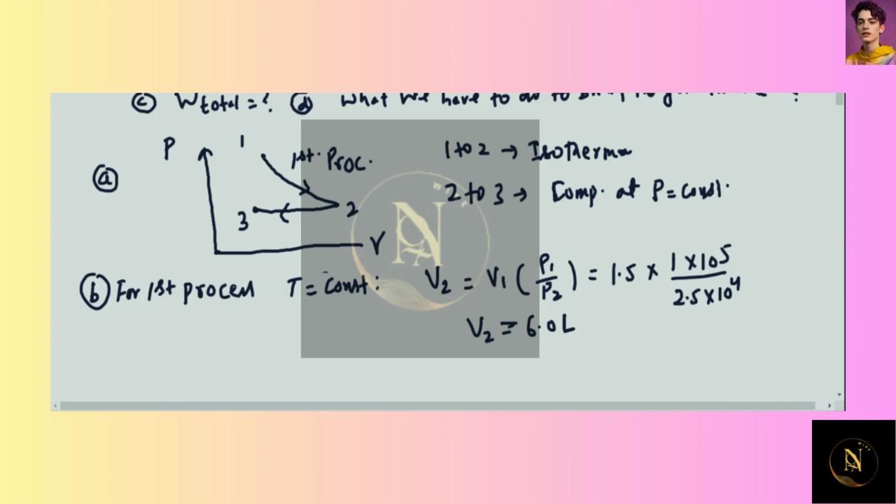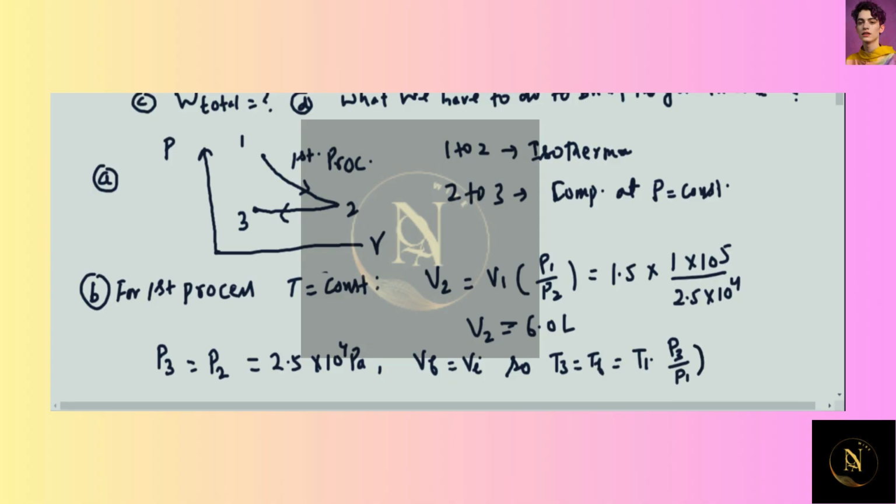Now the final pressure is given, P3 is equal to P2. Final volume is equal to initial volume. So final temperature T3 we can find, that is T1 into P3 upon P1.